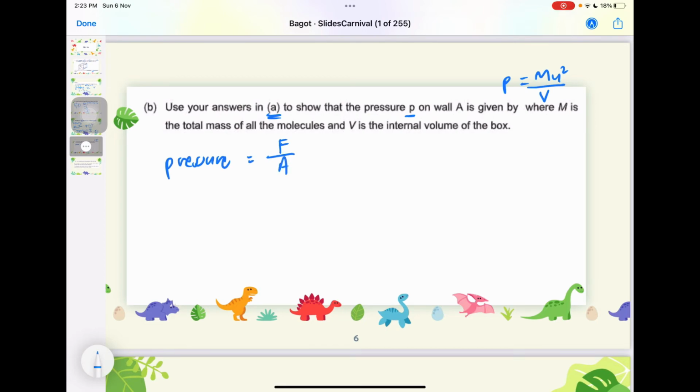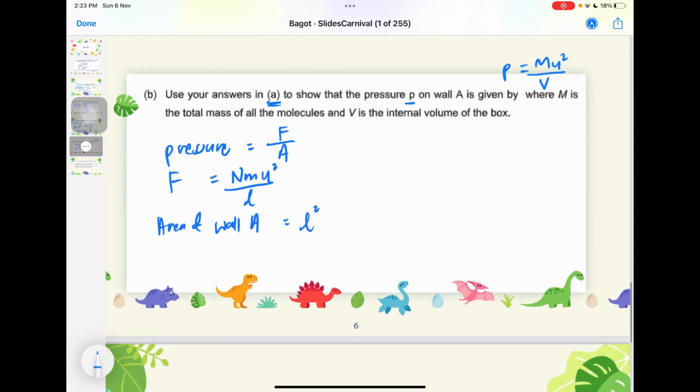From part A, you know that the force by all the molecules on wall A is equal to nmu squared over L. Then the area of wall A is equal to L squared. So pressure will be equal to force over area, nmu squared over L, over L squared.